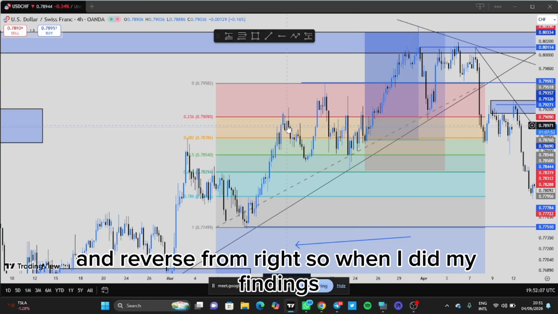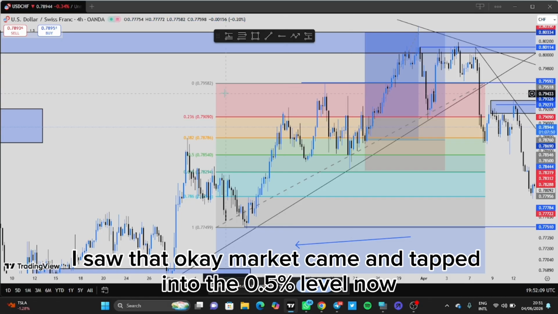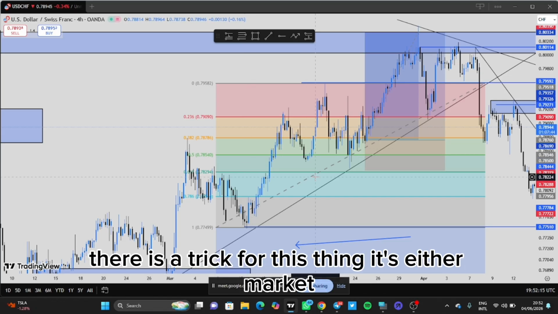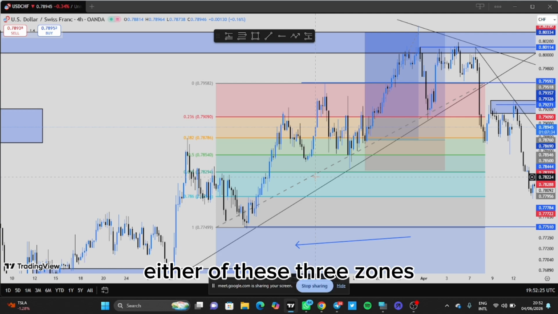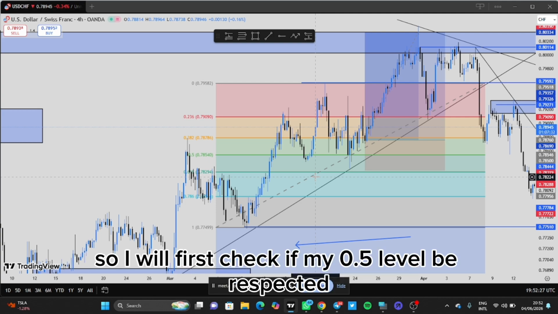So when I did my findings, I saw that okay, market came and tapped into the 0.5 level. Now there's a trick for this thing. It's either market respects my 0.5 level, my 0.618 level, or my 0.786 level. Either of these three zones. So I will first check if my 0.5 level will be respected.